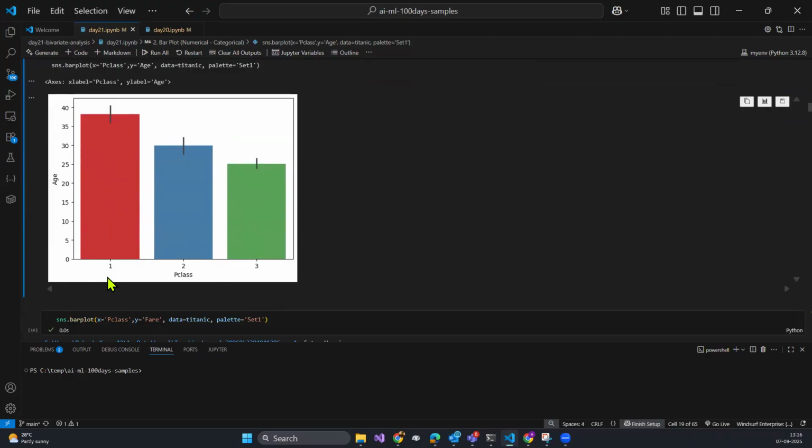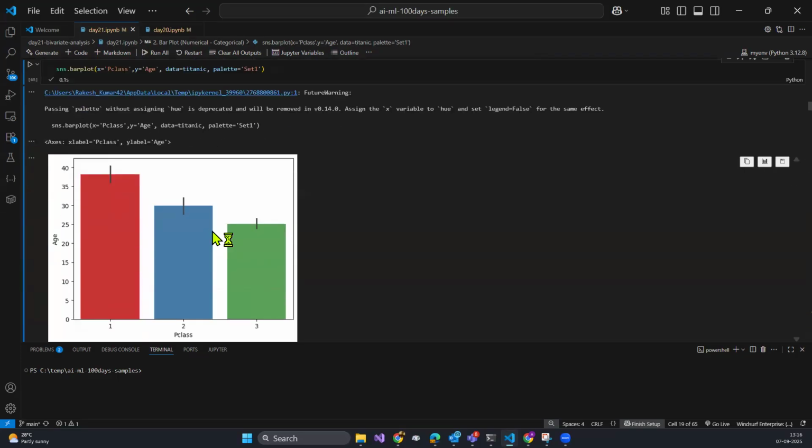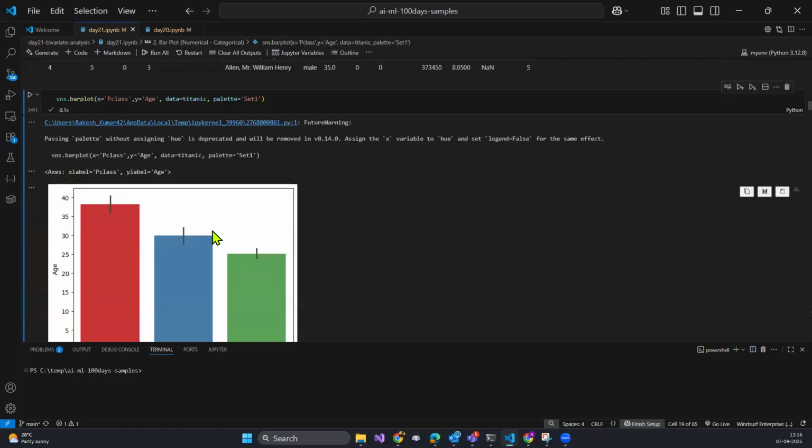We are seeing that in class 1, we were having more aged people, right? Class 2 and class 3 were less aged people, right?